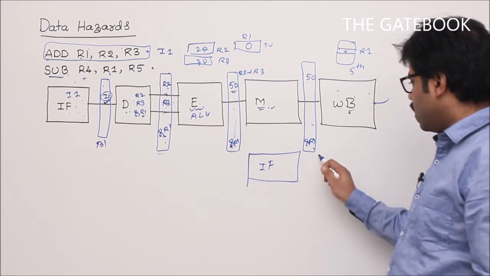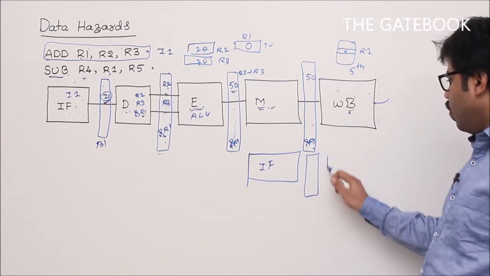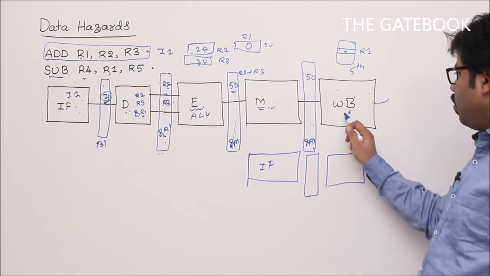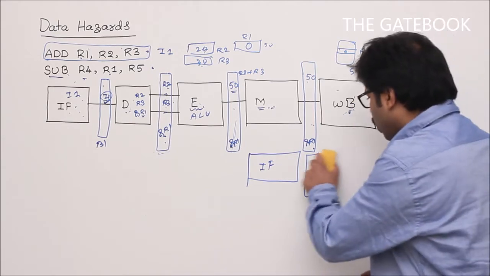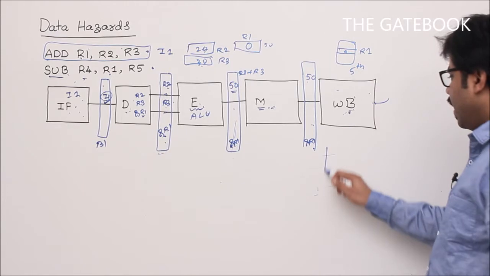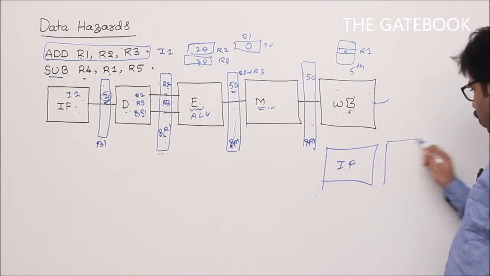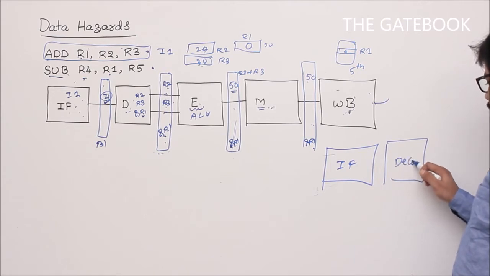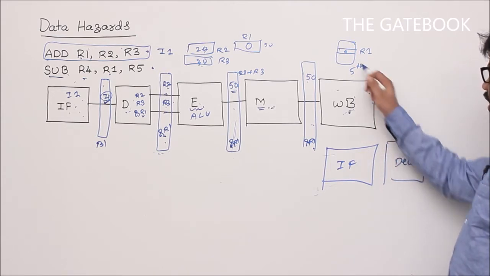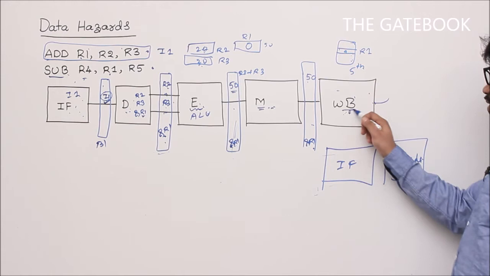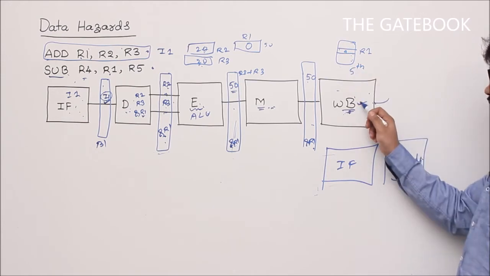If you fetch the instruction in the decode stage, probably you will be reading, but at the same time, that is not good. So better you fetch the next instruction in this stage, right? Instruction fetch. So that when you do decoding, the data is already available in the register, because the write back of the first instruction is already done.